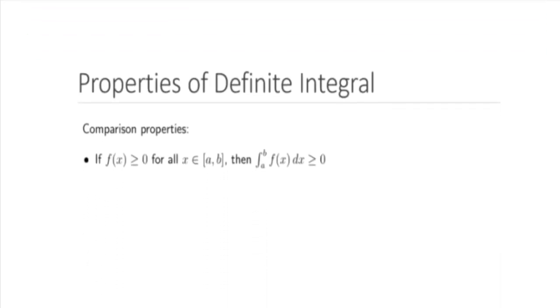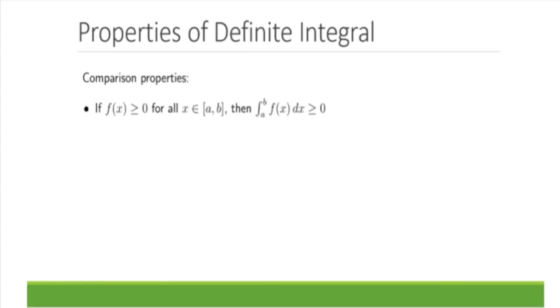Okay, the next 3 properties are what are known to be comparison properties. The first one: if you have a function which is always non-negative in that closed interval AB, then the area under that curve or under that function is also non-negative. So let's imagine we have a curve.